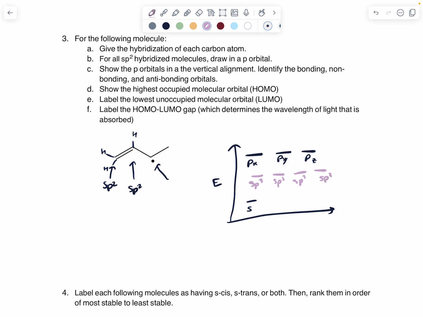And the reason they're lower in energy is because you can think of these as 25% S and 75% P. So they have 25% of the energy of S and 75% of the energy of P. So they're about 3/4 of the way between these two.